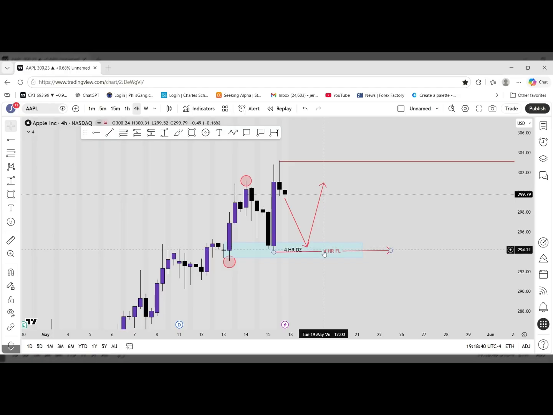And what I like about this kind of setup and the high probability is that I will be trading in the direction of the current trend. Every time you do that, you're going to find it seems really easy because the trend wants to continue on that beaten path, so to speak.